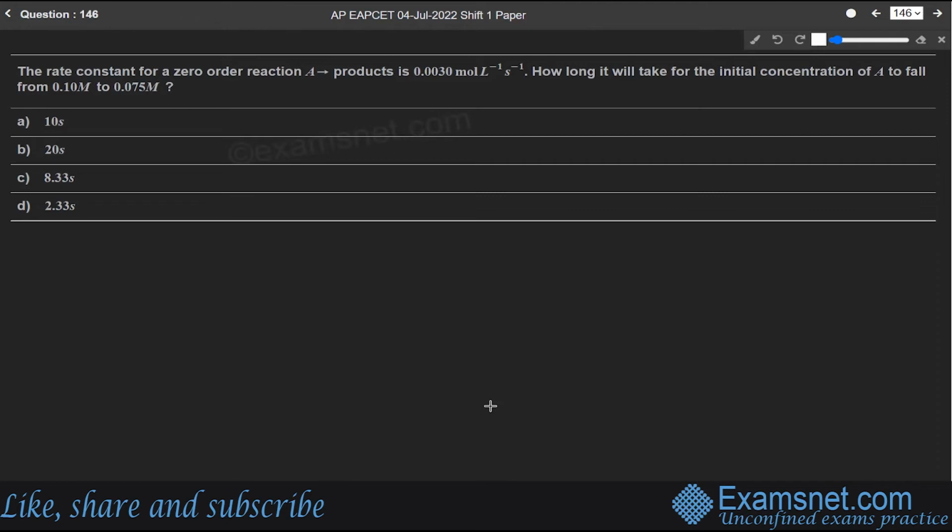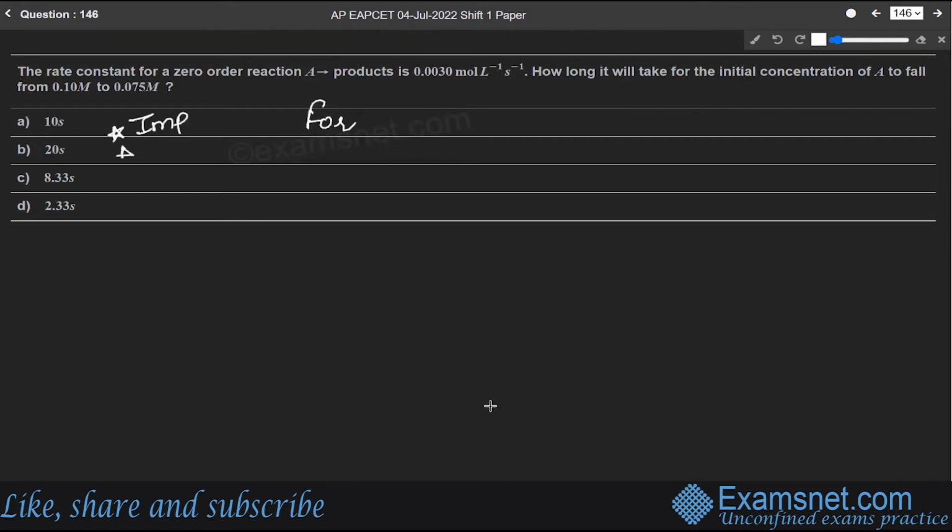How long will it take for the initial concentration of A to fall from 0.10 molarity to 0.075 molarity? Now this is a zero order reaction question. They're asking us the time. The time formula for zero order reaction, everybody should know. Important.